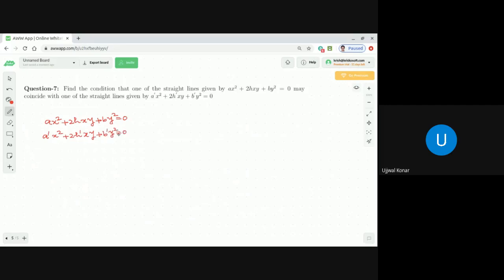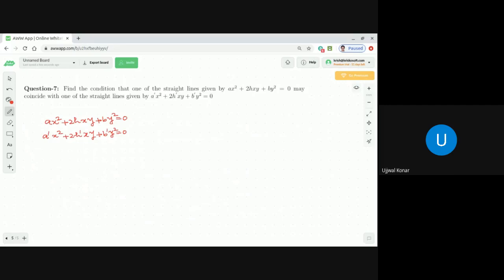Correct, dear students? So these are the two sets of pairs of straight lines. Now we need to find the condition that one of the straight lines given by the first pair coincides with one of the straight lines given by the second pair.